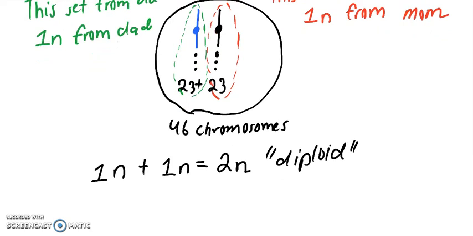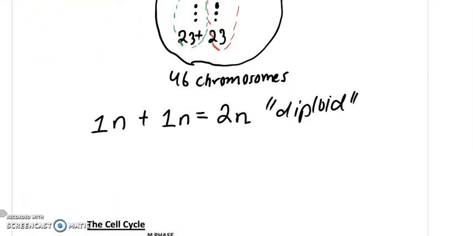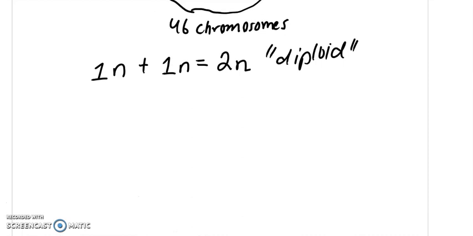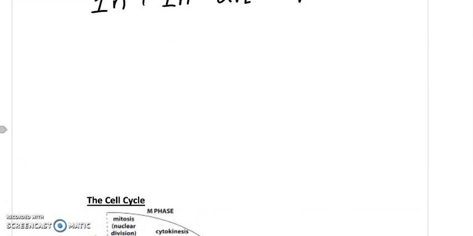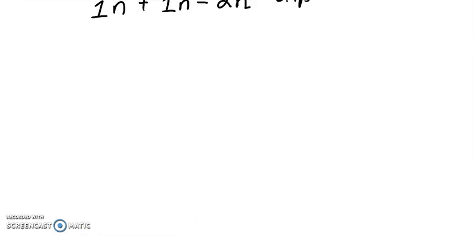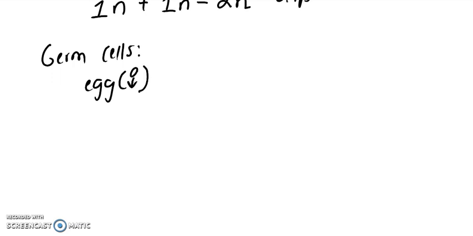Now let me go back to germ cells for a sec. As an aside, let's go back to our germ cells. Again, the female germ cell is called the egg, and the male germ cell is called sperm.